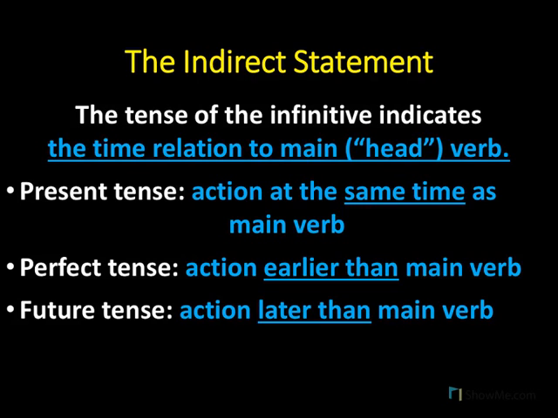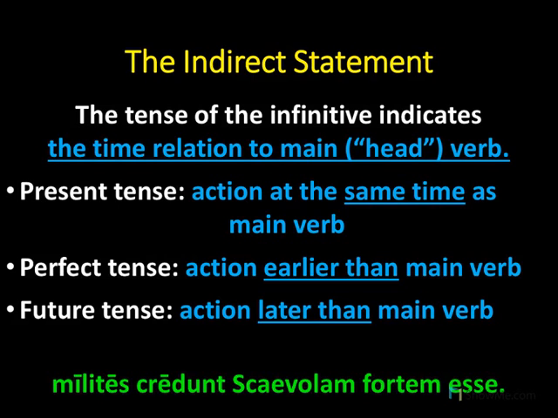And the future tense infinitive indicates an action of the indirect statement that occurs later than the main verb of the sentence. So, in our example, Milites credunt Scaevolam fortem esse, esse is a present tense infinitive. And so, Scaevola is brave at the same time as the soldiers believe it.